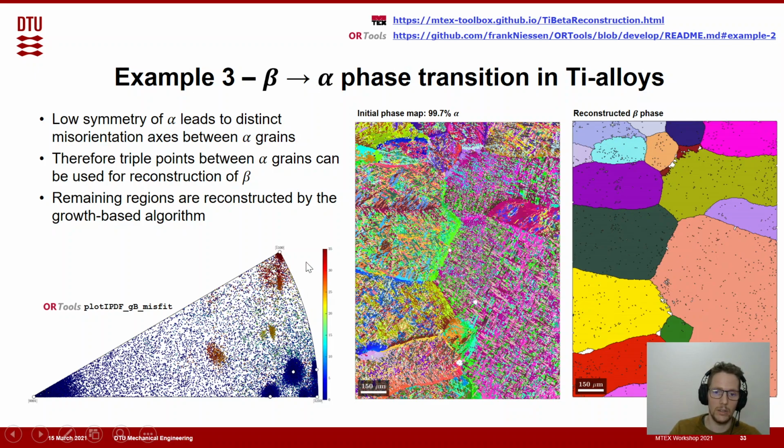Here alpha is hexagonal, so if we find three variants, we have at least two misorientation axes, and based on those misorientation axes, we can then do a reconstruction. So this is another way of reverting this microstructure by looking at triple points. It doesn't work for everything, but it works quite well for titanium, and then we get this reconstructed microstructure in the end.